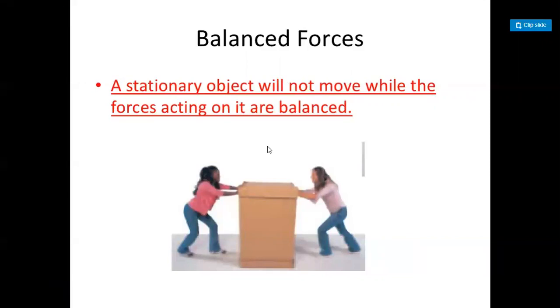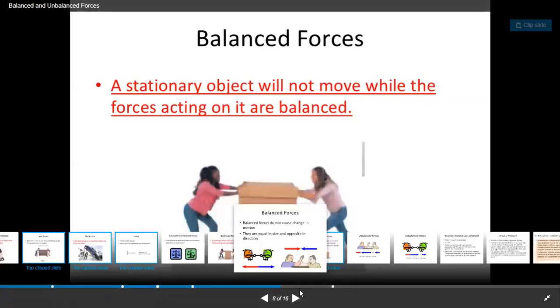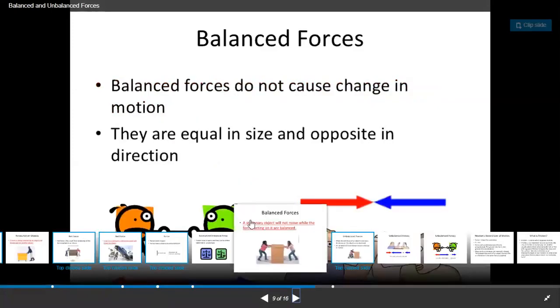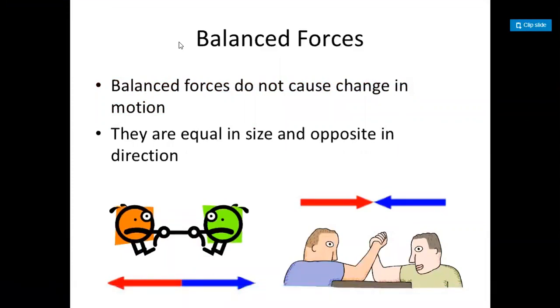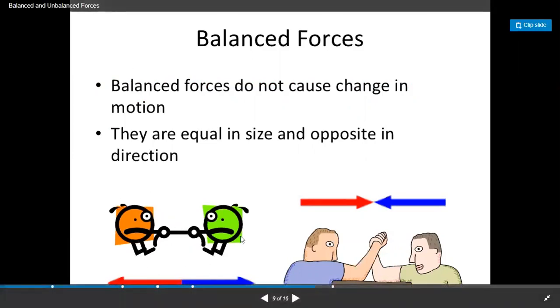So we call them a balanced force. Balanced forces do not cause change in the motion. They are equal in size and opposite in direction. You can see here the example of a balanced force.